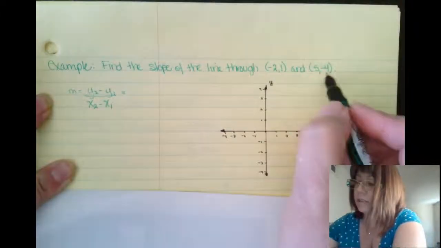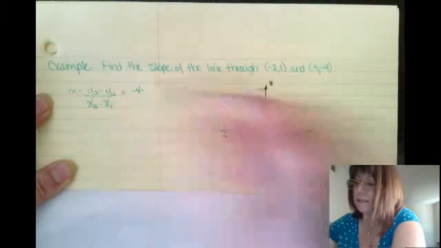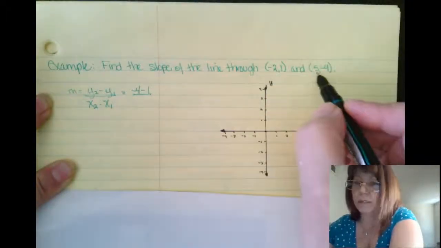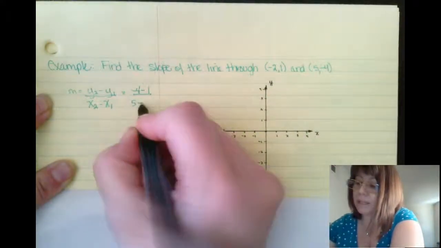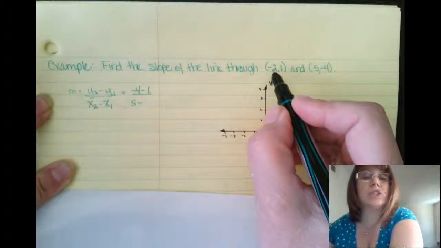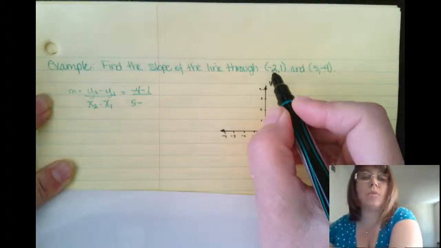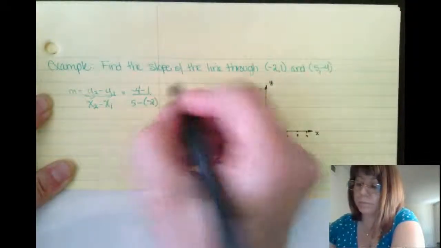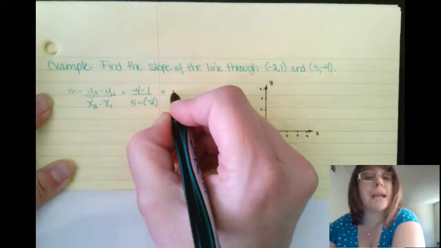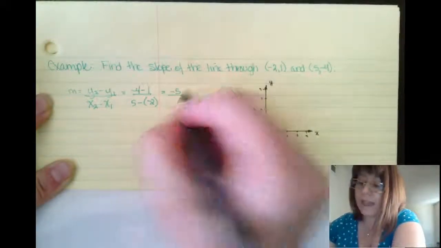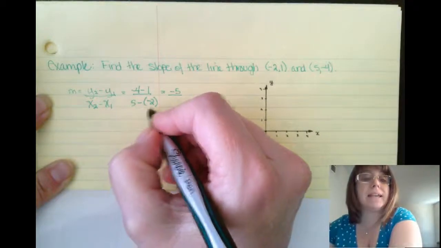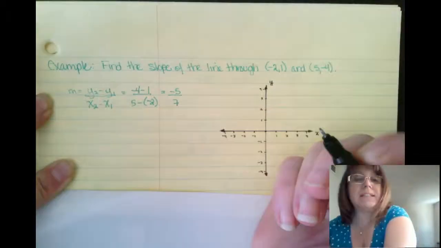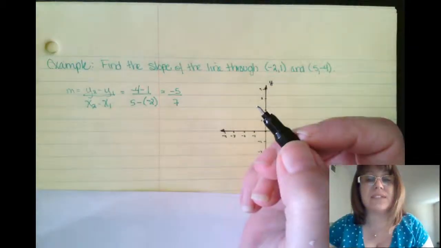So y2 is going to be negative 4 minus y1 is 1 all over x2 is 5 minus x1, where x1 is negative 2. Gives me negative 4 minus 1, negative 5, and 5 minus a negative 2 becomes 5 plus 2, giving me 7. So my slope is negative 5/7.